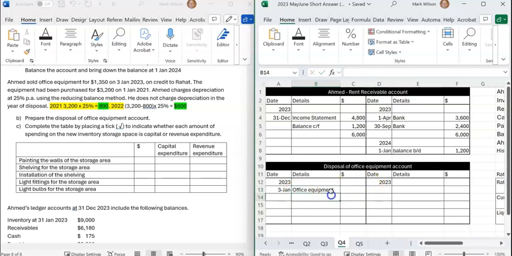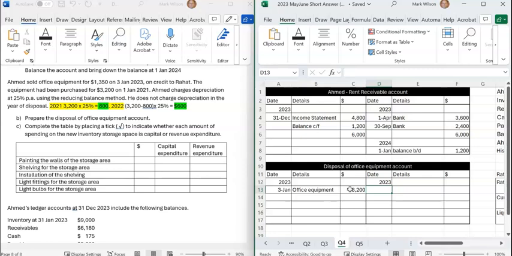So we write the name of the equipment that was sold and what it was purchased for, all the costs. This disposal account needs to balance to 0, so both sides need a balance because it's not an expense or income, it's just a temporary account.